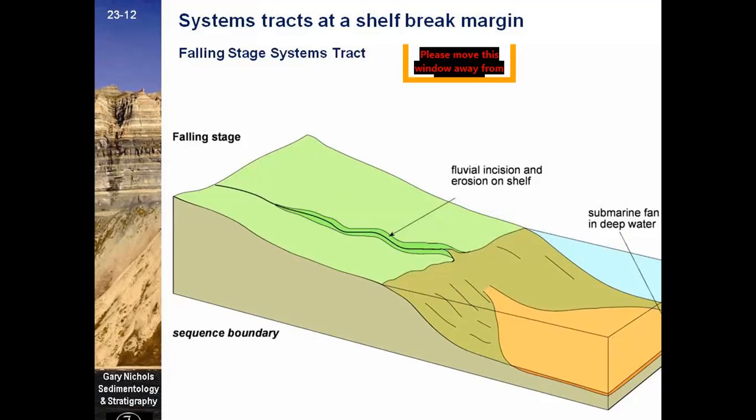Gradually, sea level is falling from its peak position. And here you can see the coast has been shifted almost close to the slope, continental slope. And most of the sediments are flushing to the deeper part, including submarine fan in deep water.